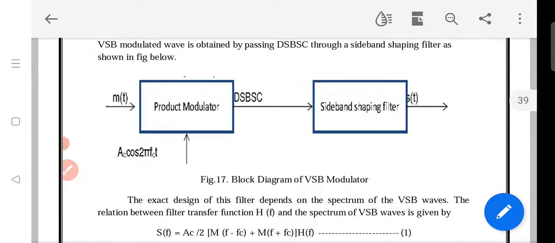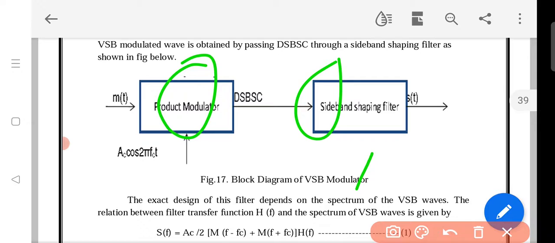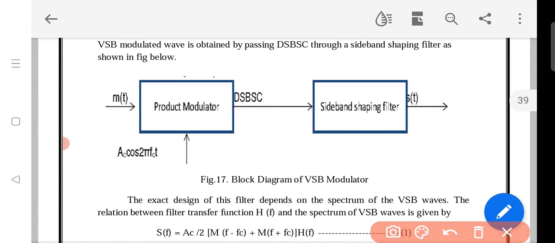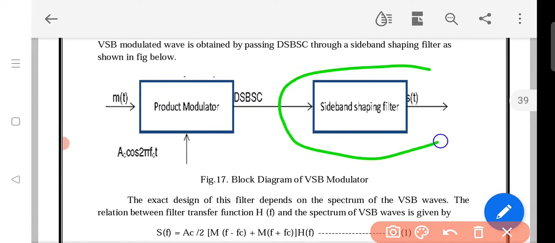Then this DSB-SC is fed to a band pass filter in the case of the single sideband modulation technique. But in the case of vestigial sideband, the signal is passed to a filter which allows only sideband shaping, meaning the particular wanted band and also some part of the other sideband, the vestige part.